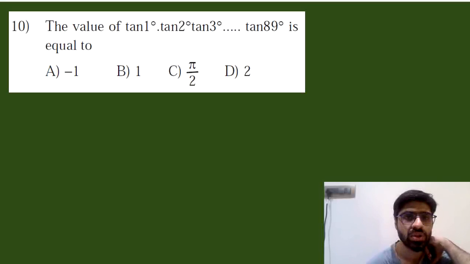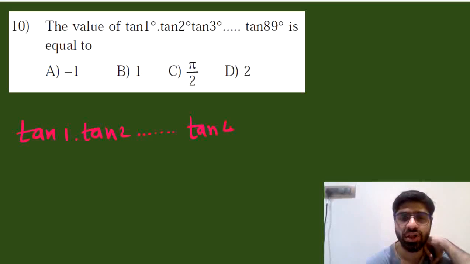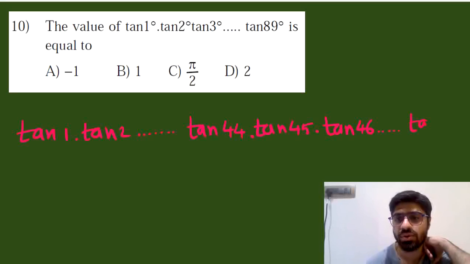One last question in this video. Tan 1, tan 2, tan 3 and so on. So in between somewhere you will have tan 45. Okay. Before tan 45 there will be a tan 44. After tan 45 you will have a tan 46. And that continues up till tan 89, right?